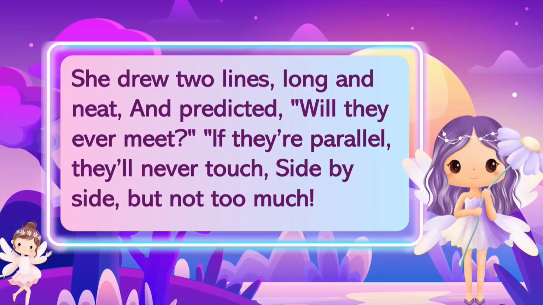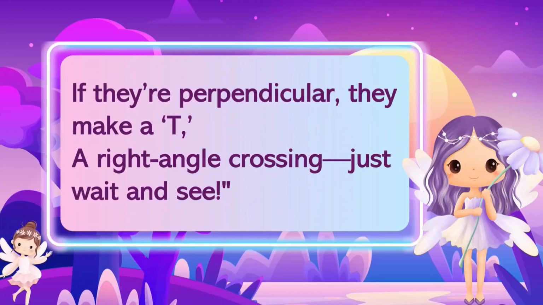She drew two lines, long and neat, and predicted, will they ever meet? If they're parallel, they'll never touch, side by side, but not too much. If they're perpendicular, they make a T, a right angle crossing, just wait and see.